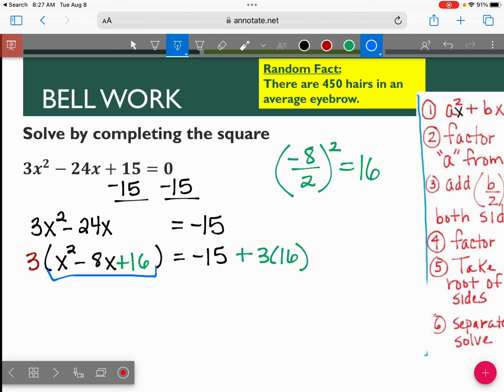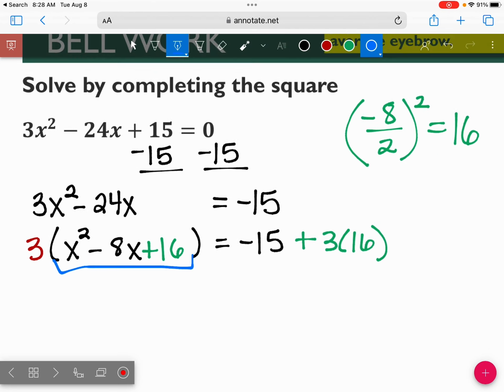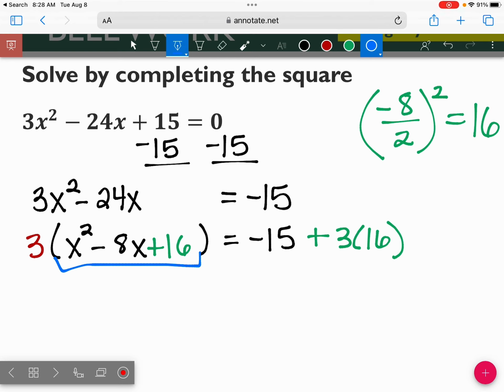So what's my magic number? Not 4, but negative 4. Because negative 4 squared is 16, and negative 4 plus negative 4 is negative 8. So what this is going to factor down to, I'm going to write it out the long way, is 3 and then x minus 4 twice.